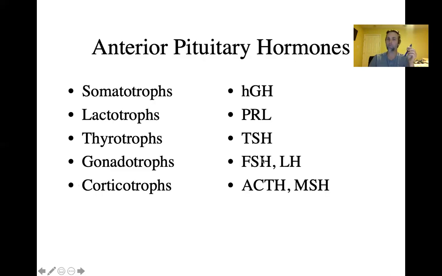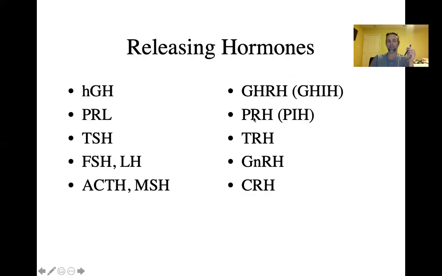Right, so the hormones on this side cause these hormones to be released. Again, abbreviations are fine, preferable, but I would like you to know in your head what they are.